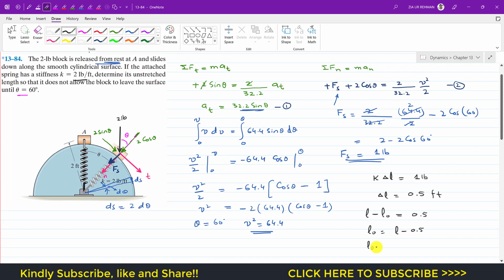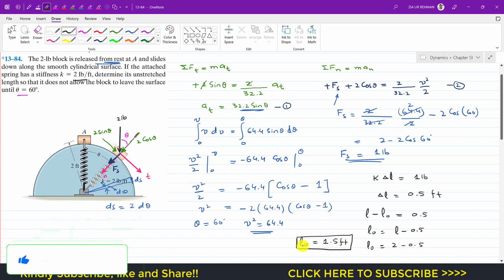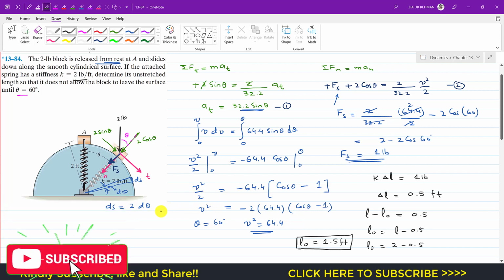So we can write that the unstretched length is 2 minus 0.5. So this gives us the unstretched length equals 1.5 feet. So this is the unstretched length that we were required to find. So this is the solution of this particular problem.